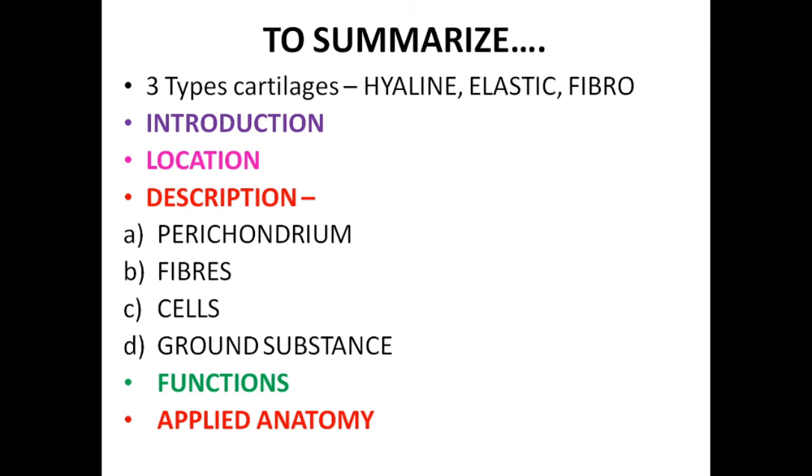In the practical aspect, you can identify the slides by first looking for the perichondrium. If the perichondrium is present, then it is hyaline cartilage or elastic cartilage. If the perichondrium is absent, then it is a slide of fibrocartilage.